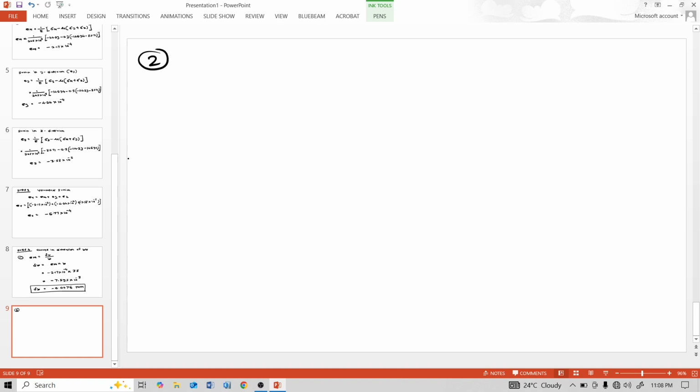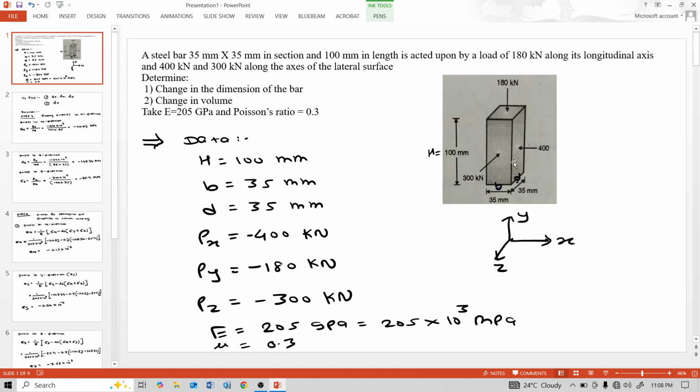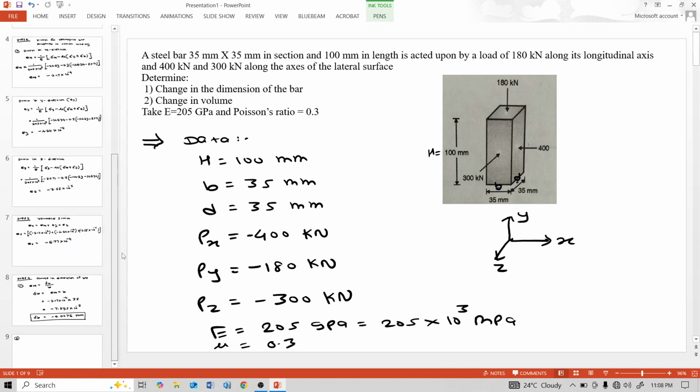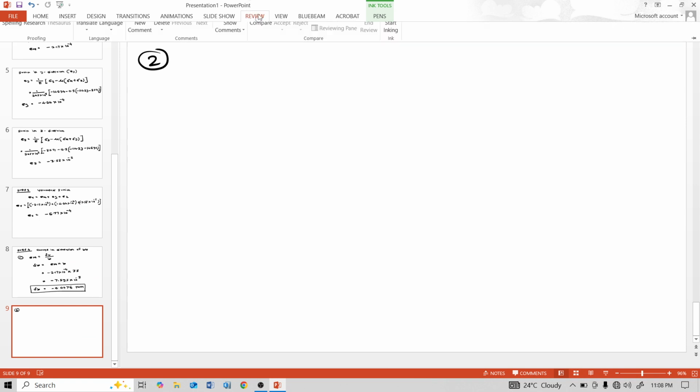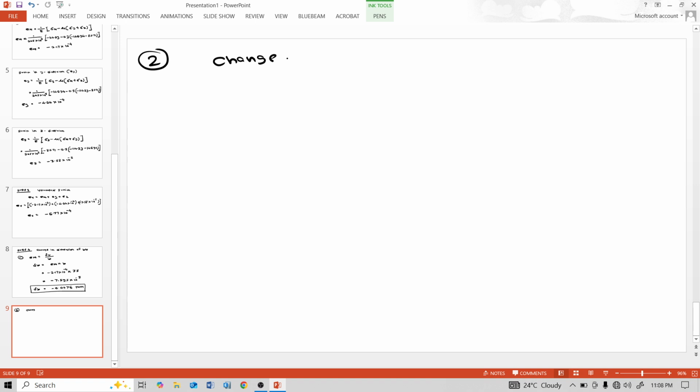Next, calculate change in height. For calculation of change in height, use formula strain in y direction, because this height is along the y direction. Ey is equal to change in height to the original height.